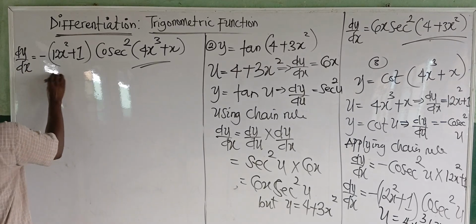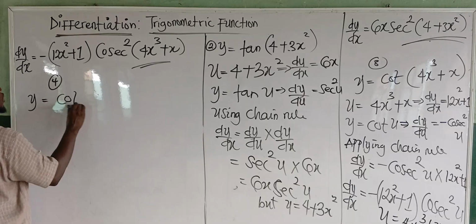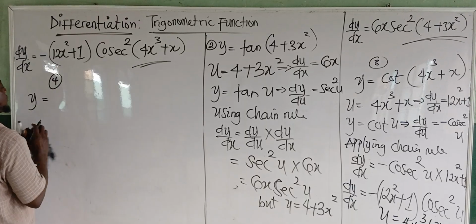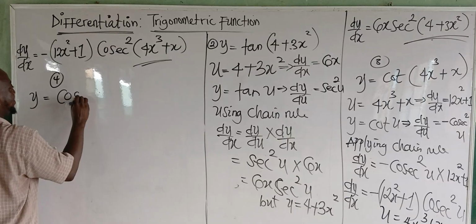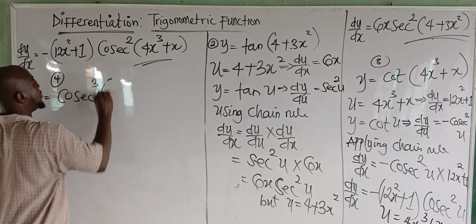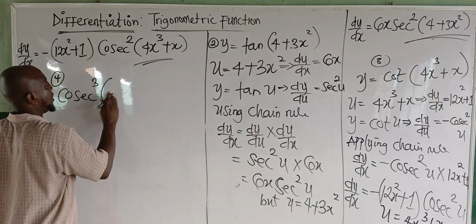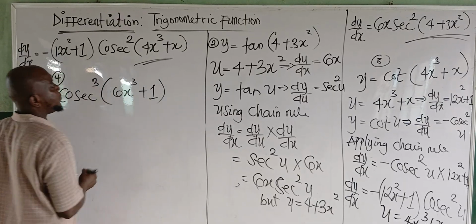Next up, number 4 question. Here we know that y is cosec cubed of 6x^3 plus 1. Please look at this.